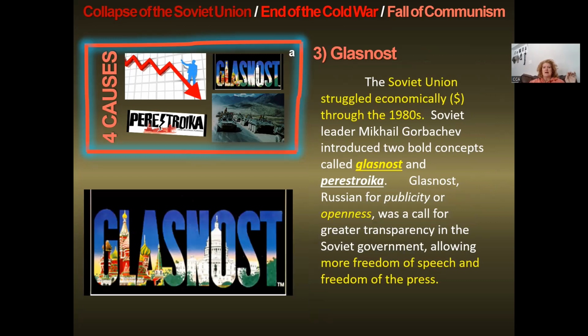A new leader came into the Soviet Union, Mikhail Gorbachev, at a time when the Soviet Union is really struggling economically. He introduced two new concepts called glasnost and perestroika.